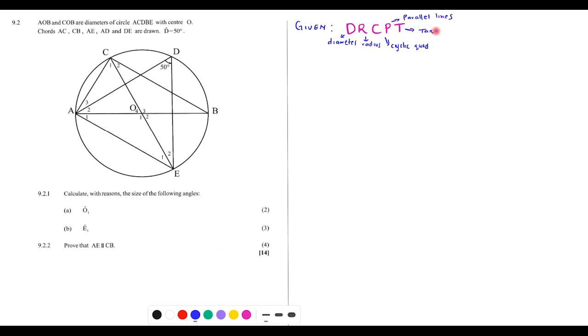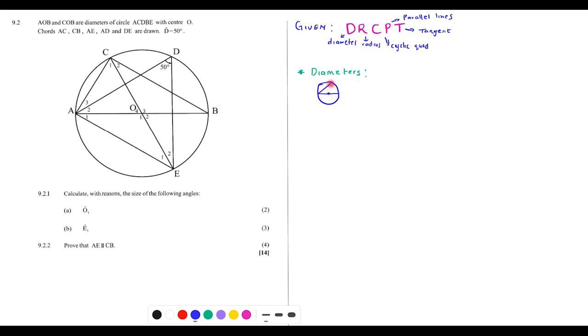Basically, we're going to first check if we were given diameters. As you can see here, we were given diameters. So when writing the information, we write a theorem that speaks about diameters. The theorem says an angle subtended by a diameter is going to be 90.